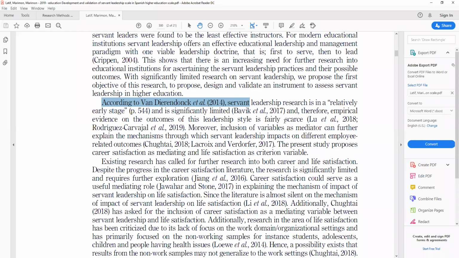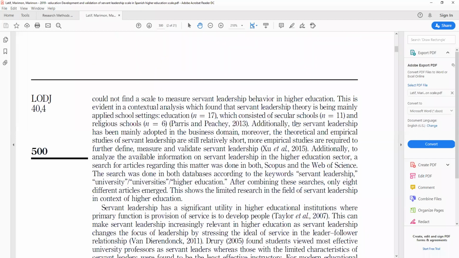And the empirical evidence on the outcomes of leadership is still fairly scarce. So this is how you express that, yes, there is a problem in the existing research. The body of knowledge is significantly limited.